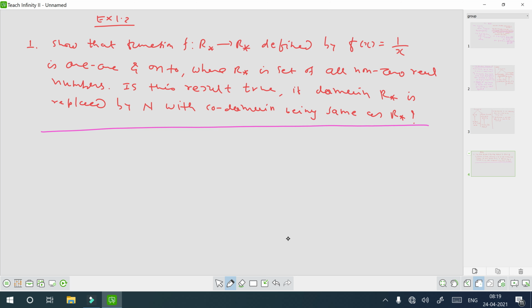Here we are going to answer this question. Here it is given that R star is set of all non-zero real numbers and f is from R star to R star, f of x is equal to 1 by x.